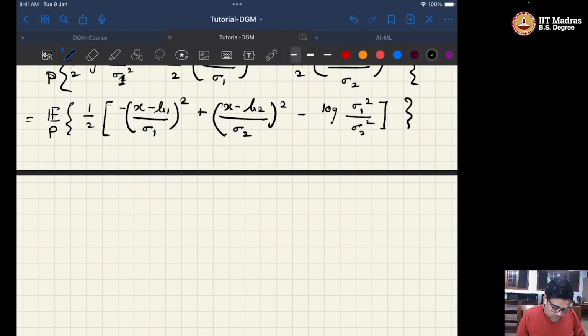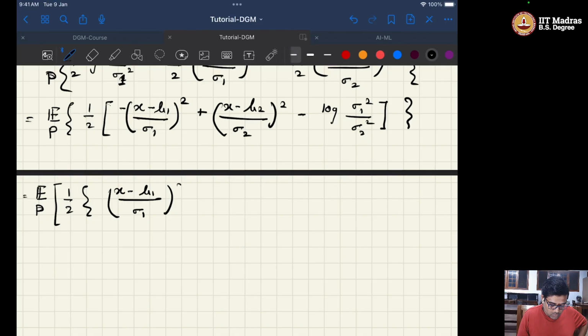So now let's expand these terms. We still have expectation with respect to P outside. You have half. Now you have this x minus mu1 divided by sigma 1 whole square.